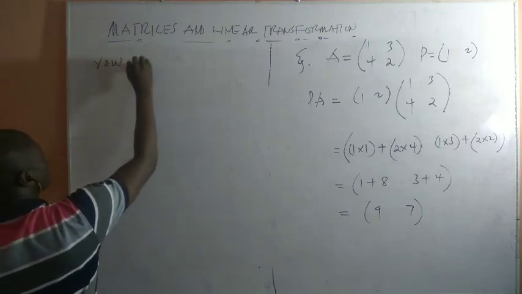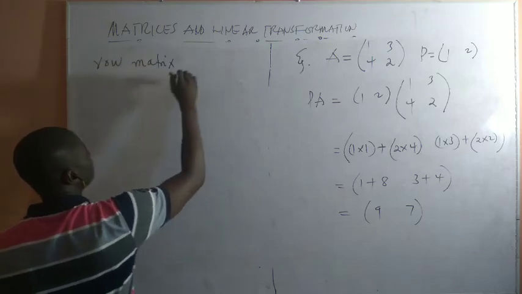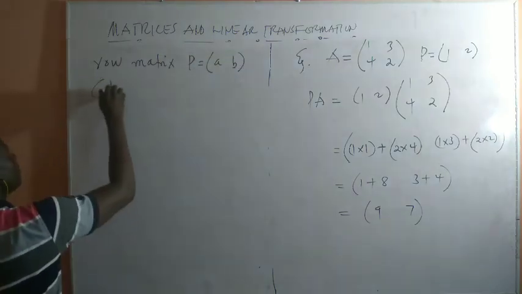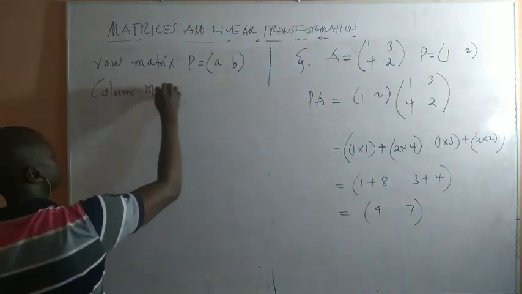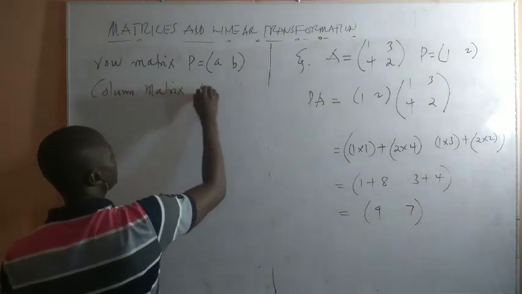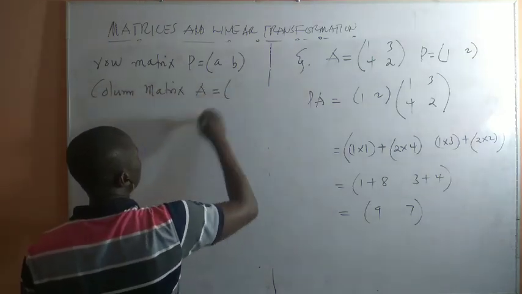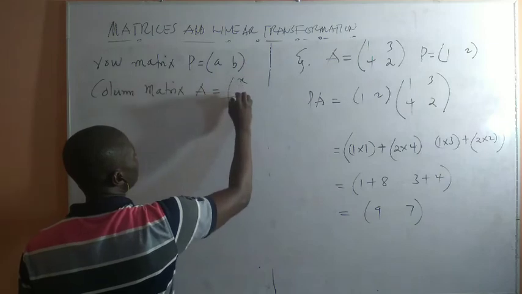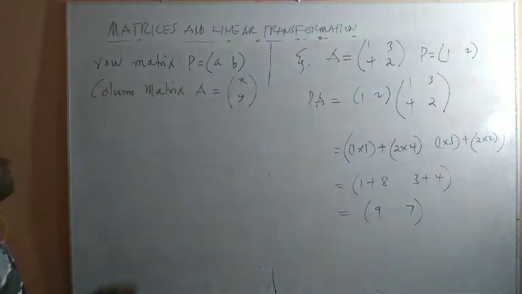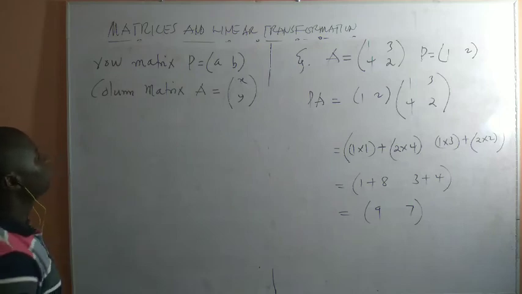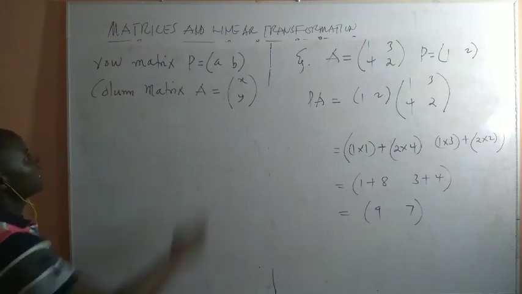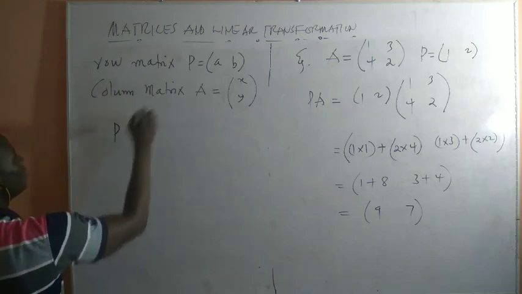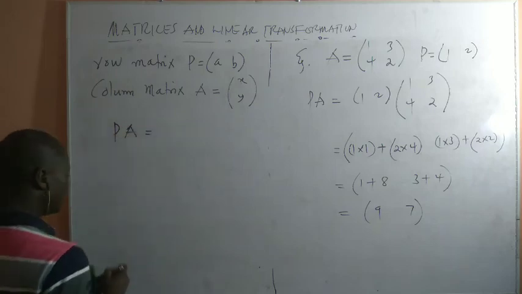So let's assume we are given the row matrix P equals A, B, and the column matrix A equals X, Y. So this is the row matrix A, B, then we have the column matrix X, Y. So we are looking at how to multiply the row matrix by the column matrix.